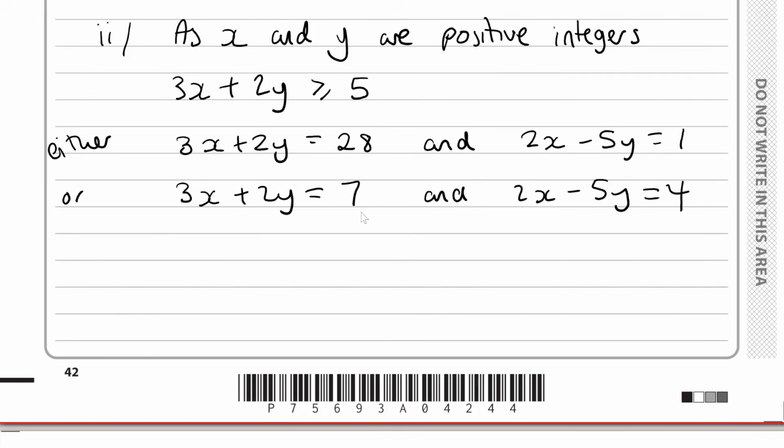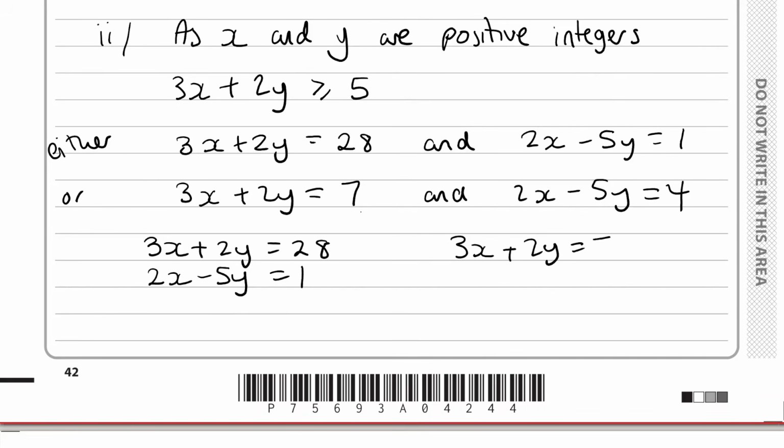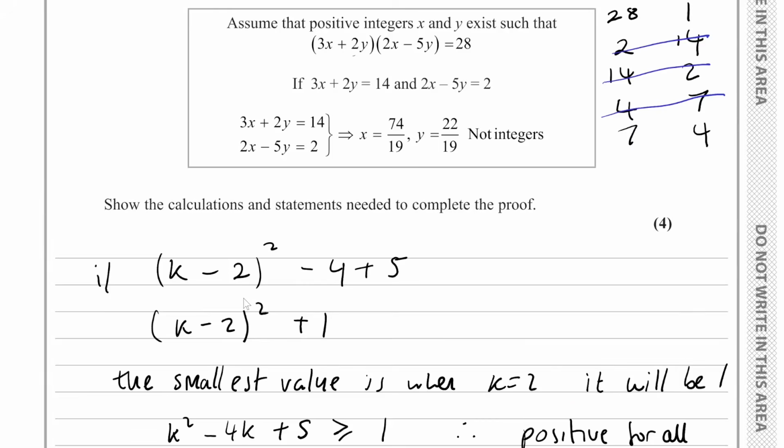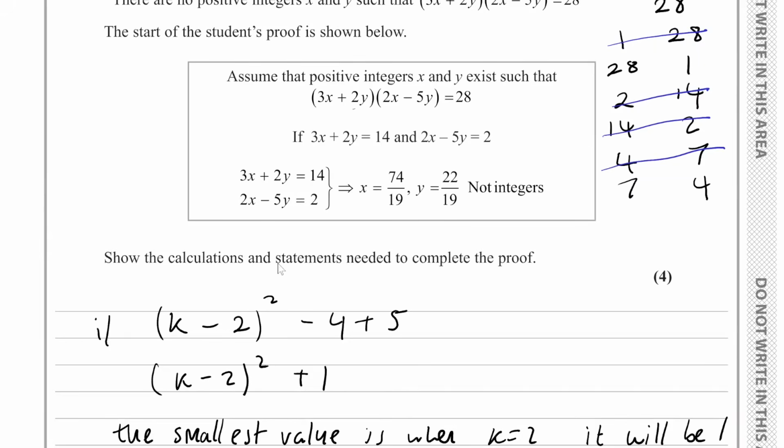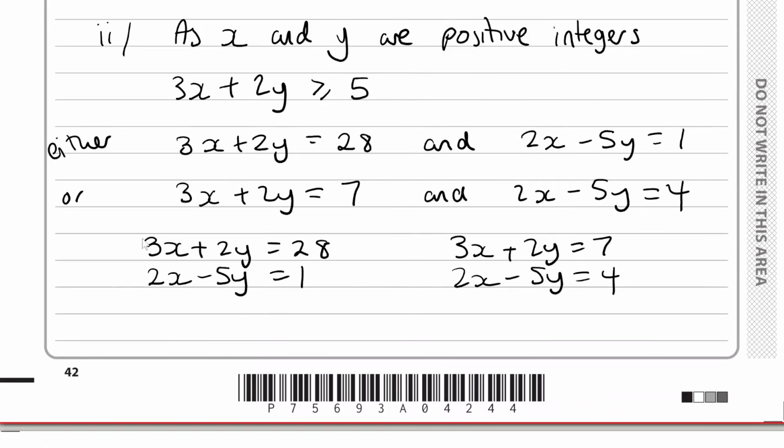So if we solve these simultaneous equations, 3x plus 2y is 28 and 2x minus 5y is 1, and 3x plus 2y is 7 and 2x minus 5y is 4, we find out what x and y are. If we don't get any positive integers, that means there's a contradiction.